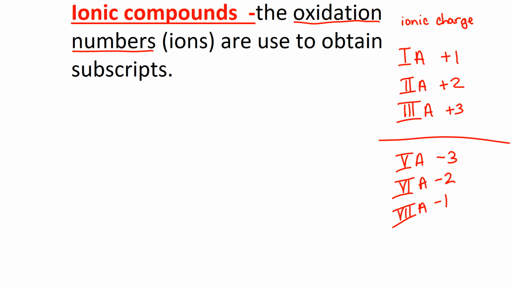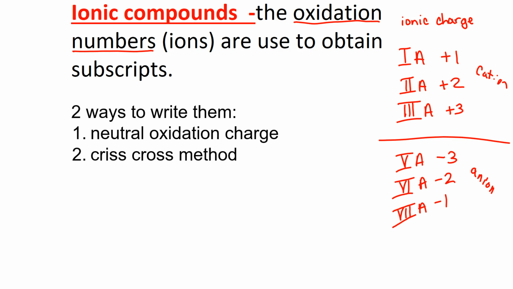All right. So now, when we're dealing with ionic compounds, you're always going to have a cation and an anion involved. And they're going to match together in a way that the compound is neutral, has zero net charge. There are two different methods that we can do this.